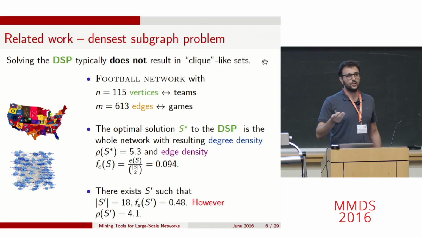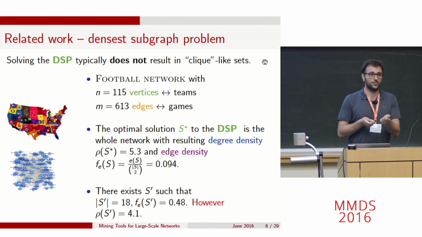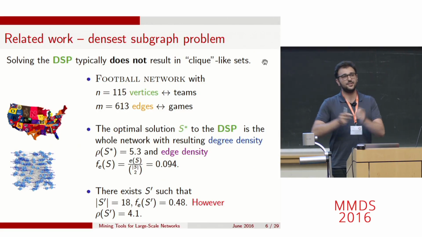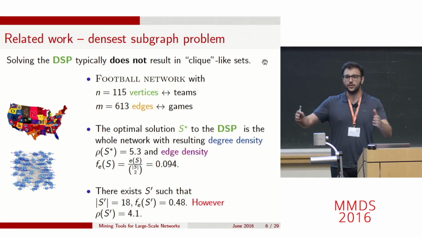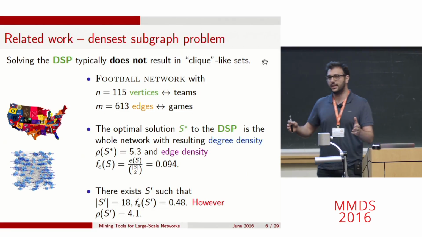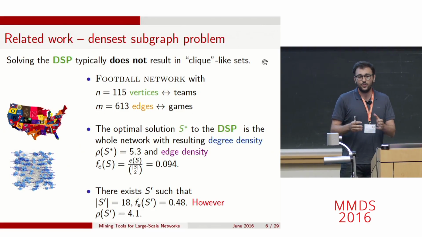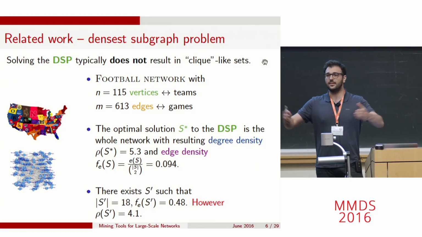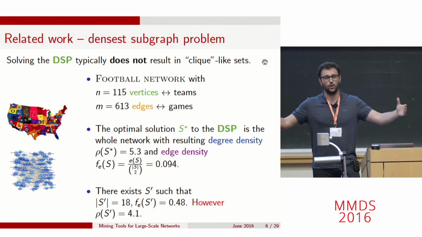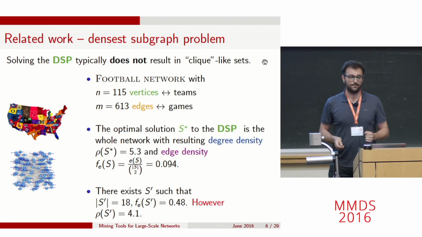But we cannot find it using the densest subgraph problem because the degree density is smaller. So this is what happens in large-scale networks in a more pronounced way. Somewhere in your graph, there exists some sort of large near-clique, some sort of anomalous cluster that you care about finding. But if you try to use the degree density measure, it's hidden. Because you tend to find large sets of nodes which tend to be sparse and have low degree density.